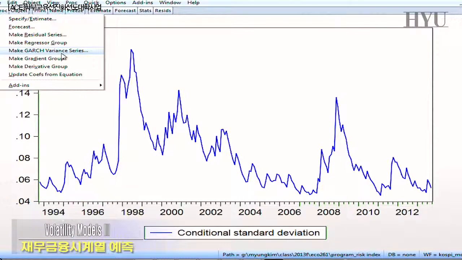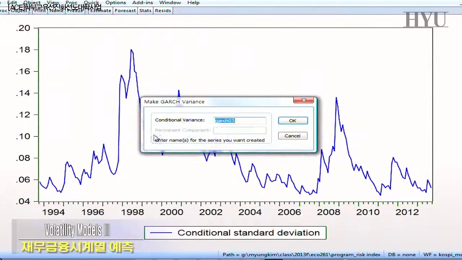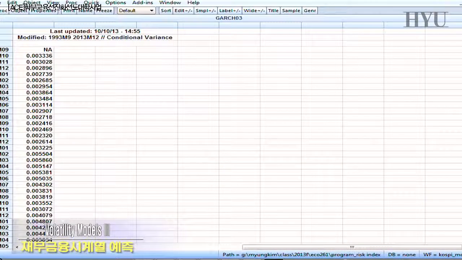So take the square root and then multiply these and that, and that will give you the answer. Probably you won't be doing this in a short period of time, so why don't you do it? Okay, and see how it works. Okay, the name I gave is Garch 03. Okay, Garch 03.